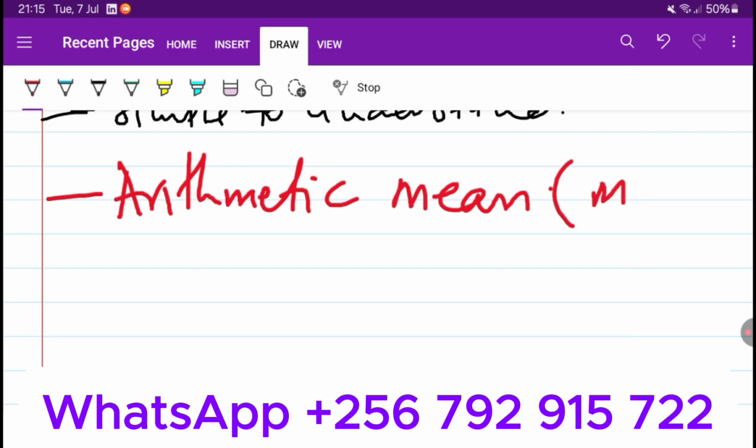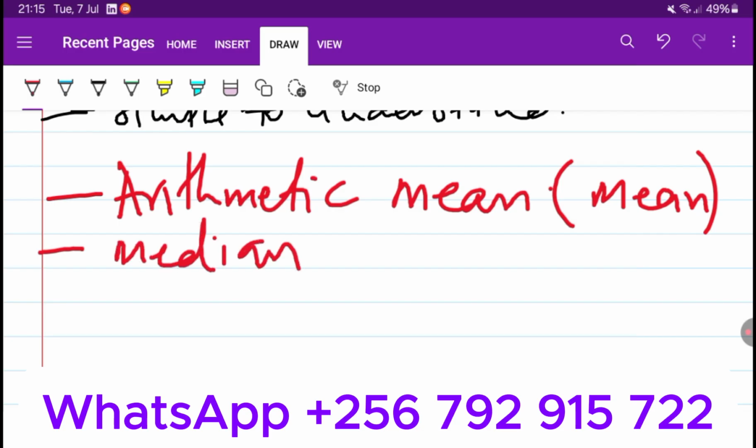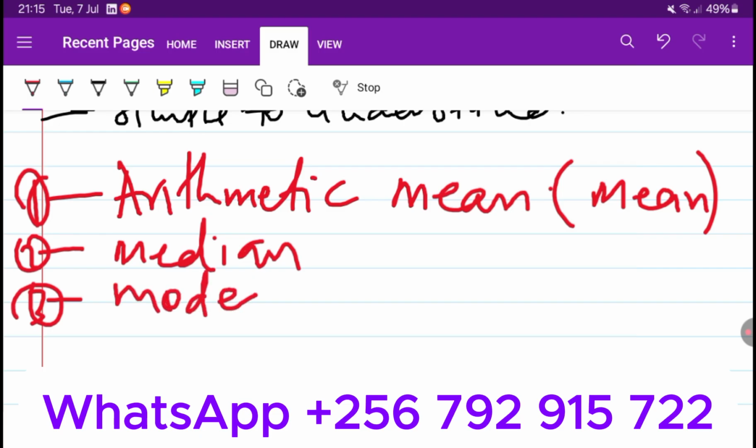or you can just call it mean. Then we are going to look at the median. Number 3, we look at the mode. Number 4, we look at the weighted mean.